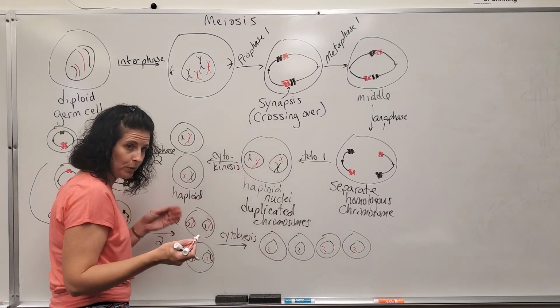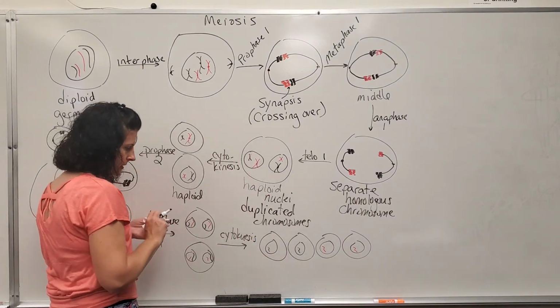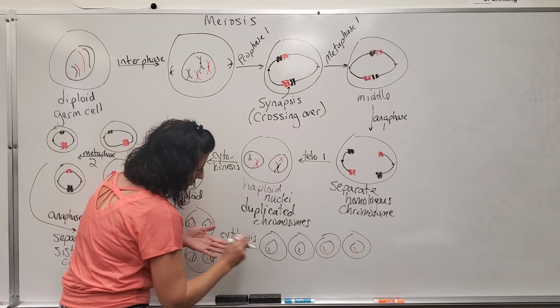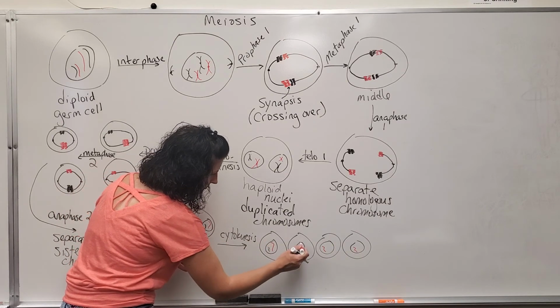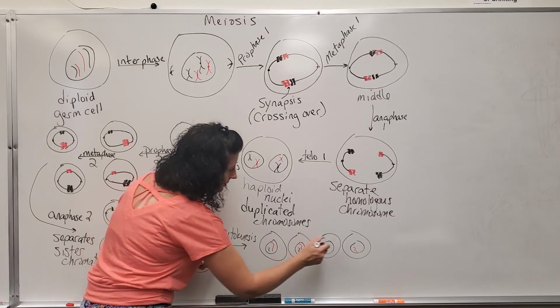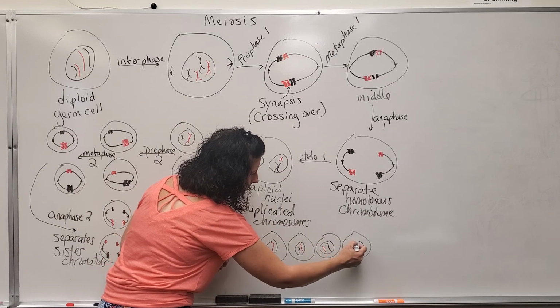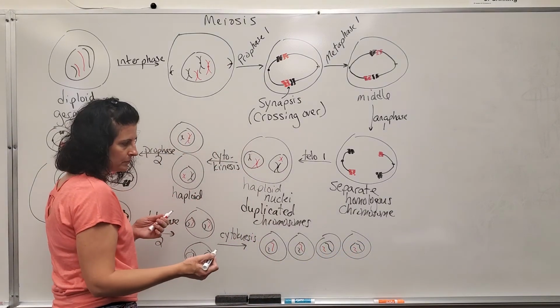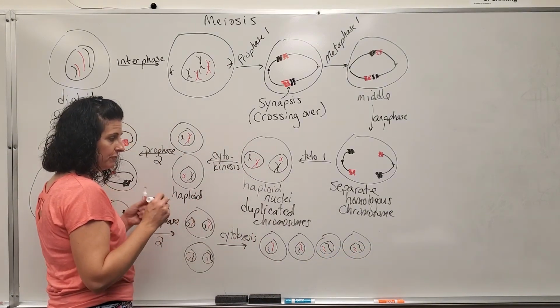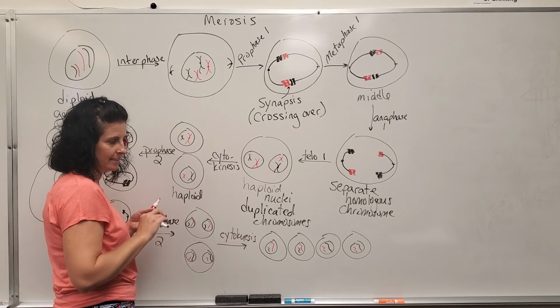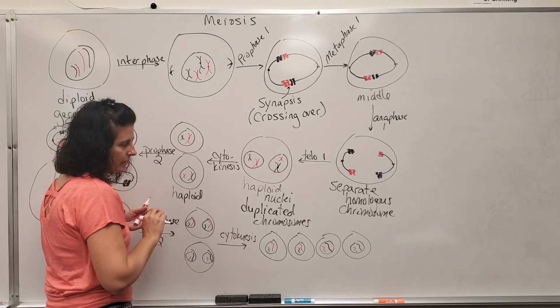So again, haploid, only 1 chromosome 1. And then chromosome 2 in these guys would have been from the egg. Chromosome 2 over here would have been from the sperm. So now we have 4 non-identical haploid gametes.